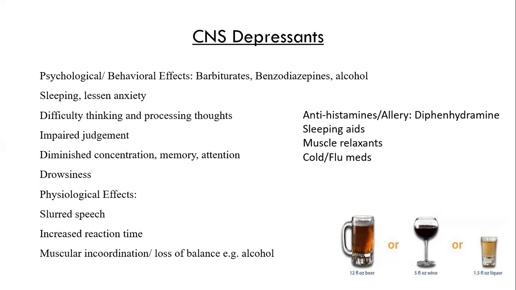Central nervous system is all about coordination, so you will have very slow coordination. You will have difficulty in thinking and processing things, difficulty understanding certain things, feeling sleepy, less anxiety, and all these reactions, very slow and weak, doing things as if they don't exist.